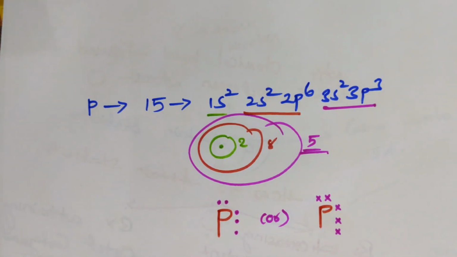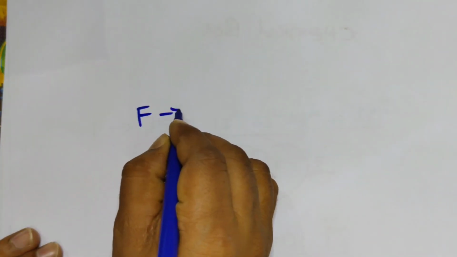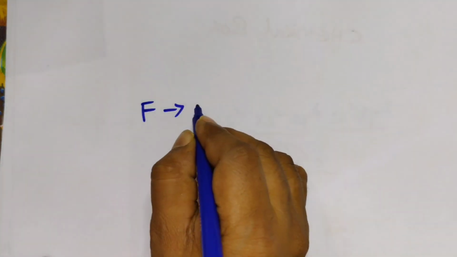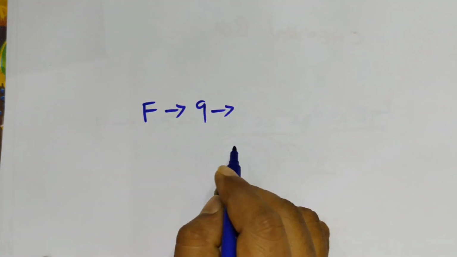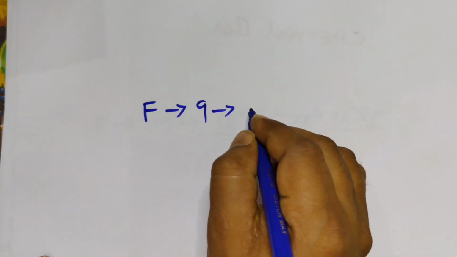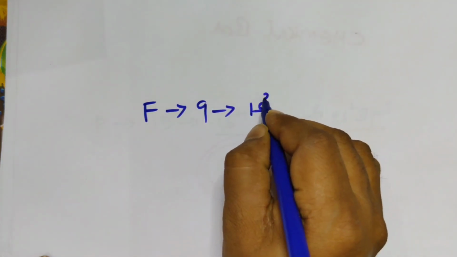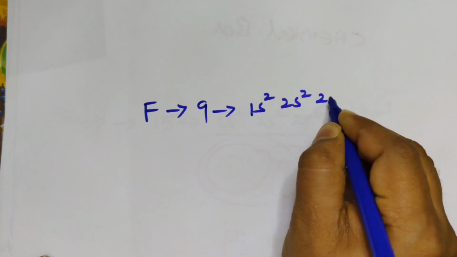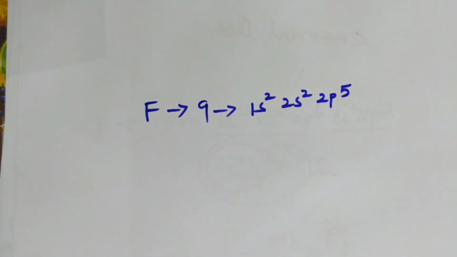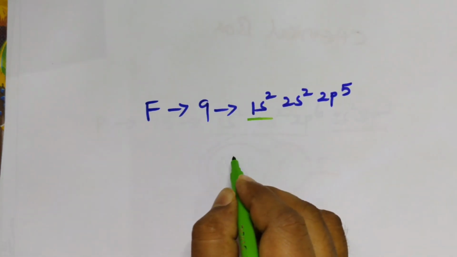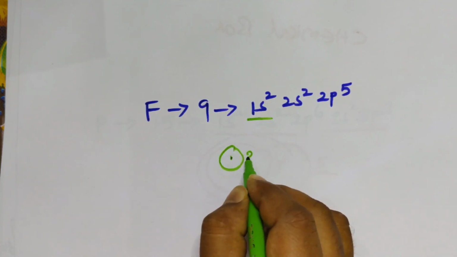Next, I want to take one more example, fluorine. What is the atomic number of fluorine? Very good, 9. What is the electronic configuration of fluorine? 1s2, 2s2, 2p5. First orbit, how many electrons? 2 electrons.